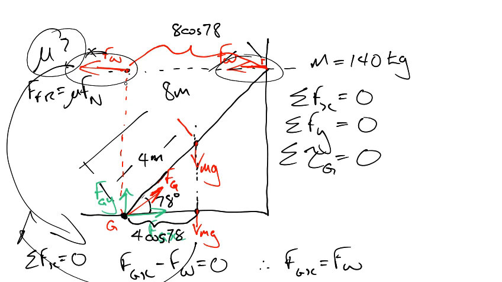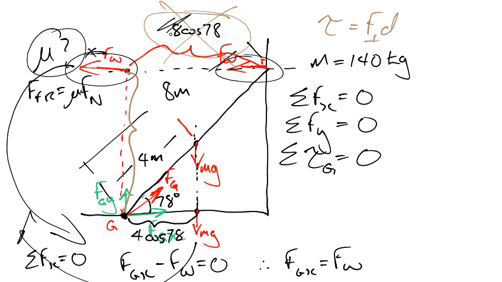The arm is the distance from here. Let's use brown for this. We're using a whole bunch of different kinds of colors. This distance has nothing to do with, remember, torque is equal to force times perpendicular distance. So this distance is not relevant at all.